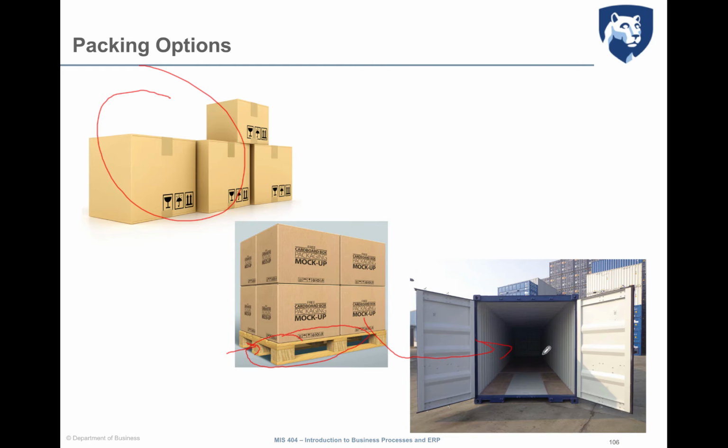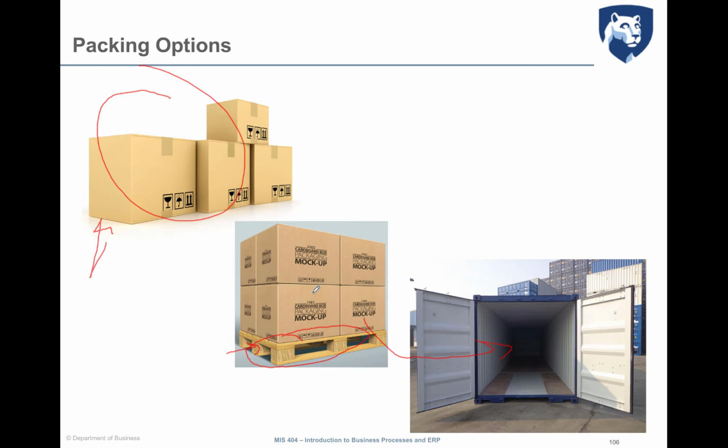In the example, GBI ships each bike in an individual box and consolidates 20 boxes into one carton. So one of these contains 20 bikes. These cartons are then put onto a pallet, and through the use of forklifts and other types of machinery, the different pallets are loaded into a shipping container.